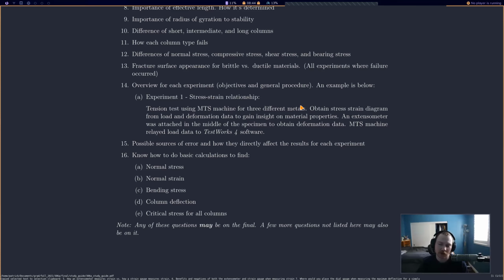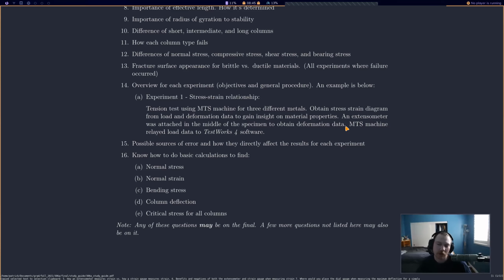So we had 3 materials. It was a tension test. We got load and deformation data, and we used that to convert to stress and strain data to gain insight on the material properties. We did that by getting a stress strain diagram.